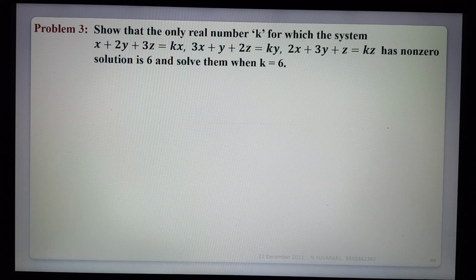That is what we have to show. Then with k equal to 6, substituting, next we find the non-zero solution. First of all, show that for k equal to 6 the system has a non-zero solution.